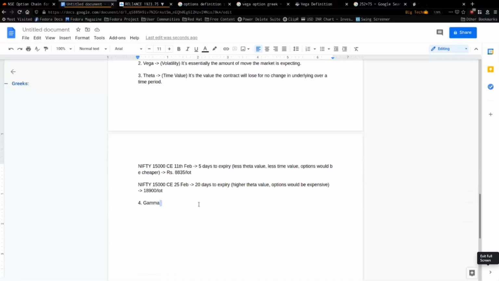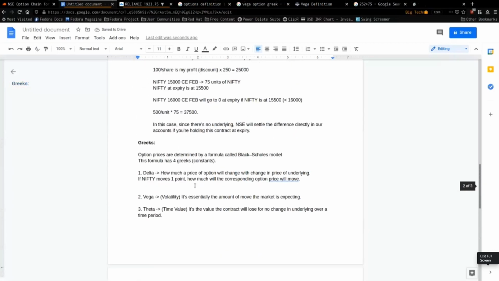And last is the gamma. Gamma essentially says how much delta will change for a 1 point move in underlying. So what was delta? Delta basically says that if Nifty moves 1 point, how much will the price of the option move, right?